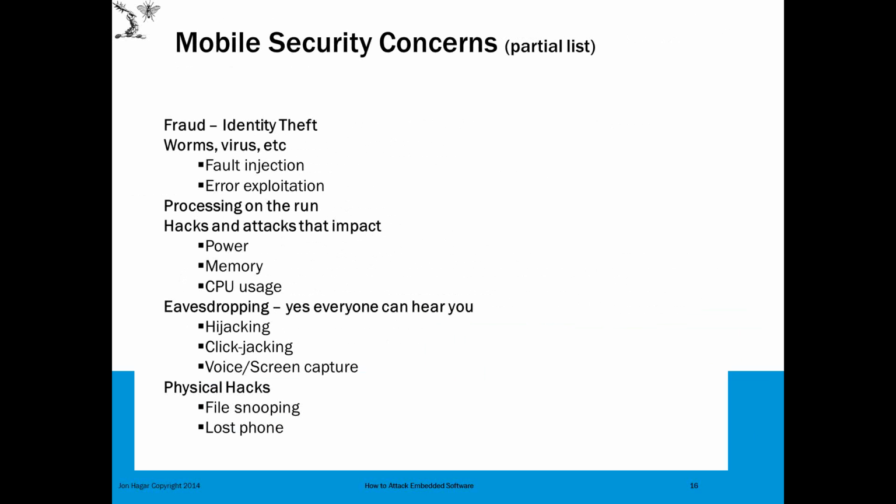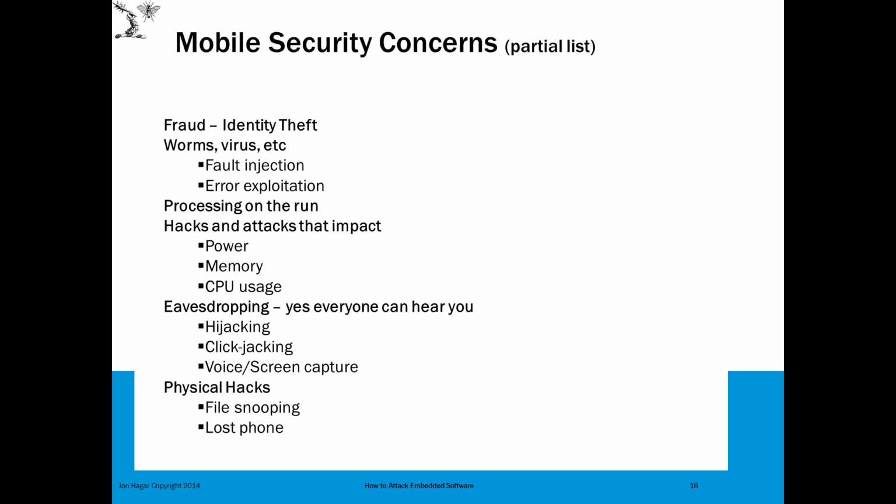Here's my list of mobile security concerns, a little bit longer list than what you saw earlier. The fraud and identity theft, the worms, fault injection and error exploitation, that's where the bugs get used. Processing on the run, where we're moving around with the mobile device and other systems are watching us as we come and go.